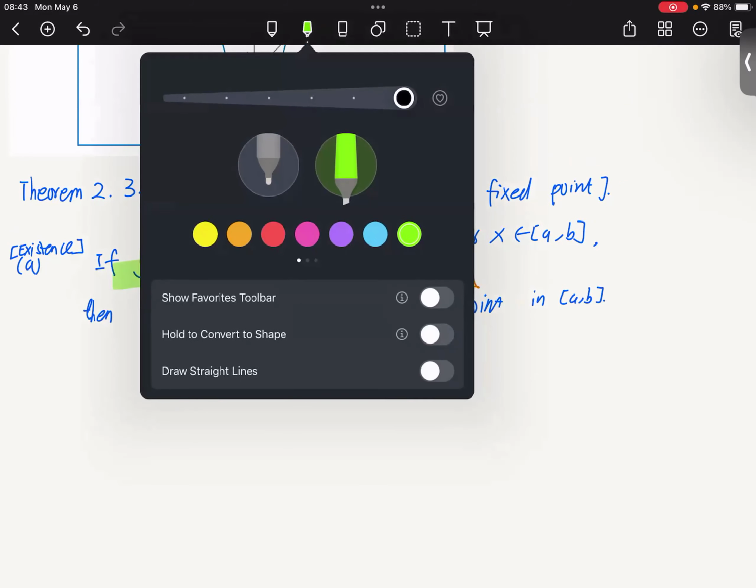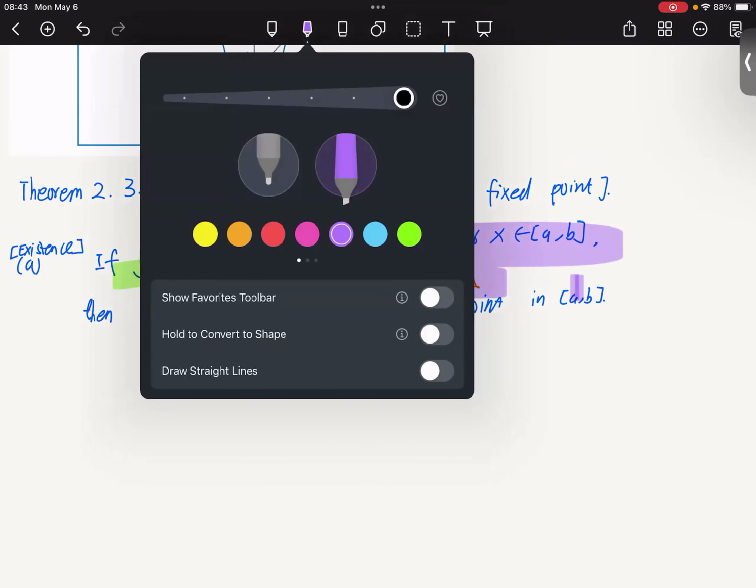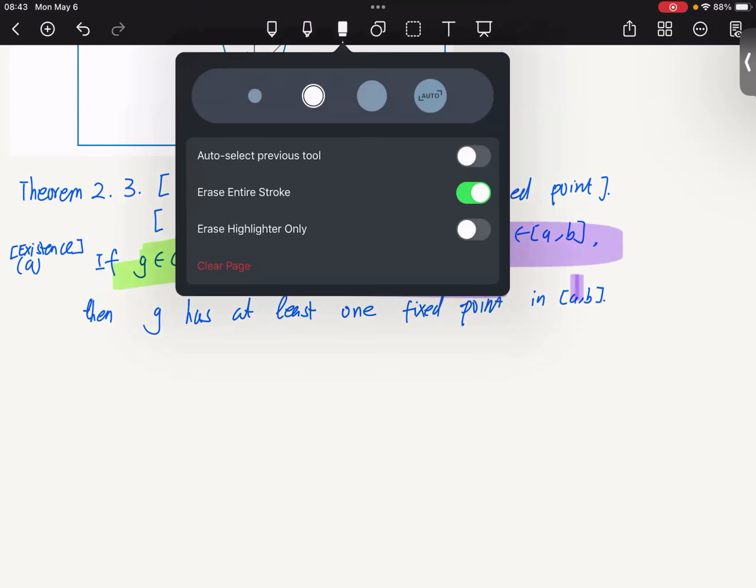Second, we require that the range of the function on this interval should be a subset of [a, b]. If g satisfies these two requirements, then we have at least one fixed point in the interval. And this is just the existence.